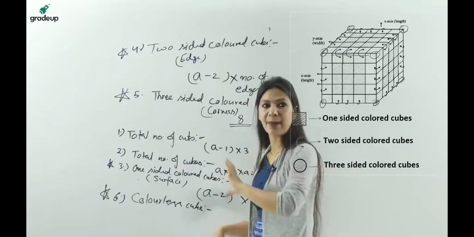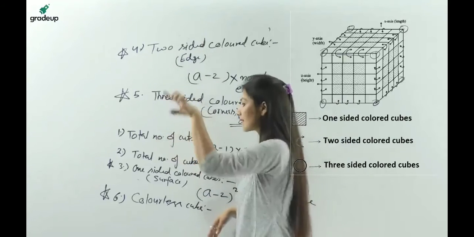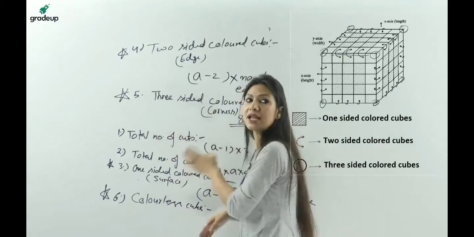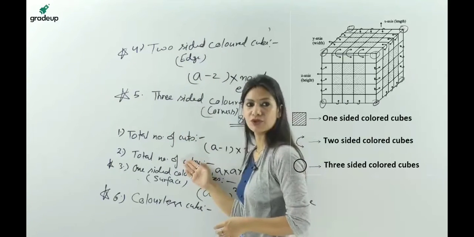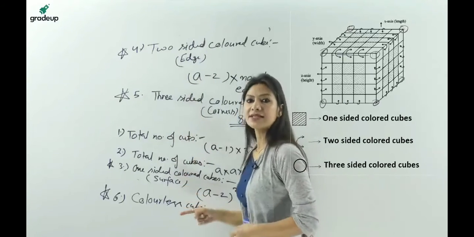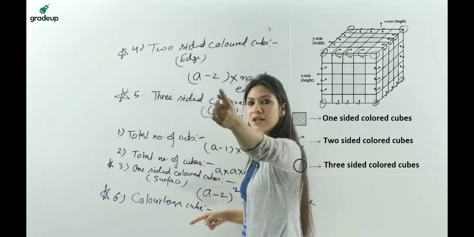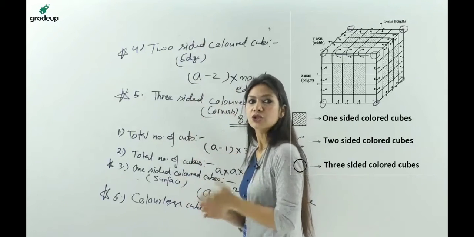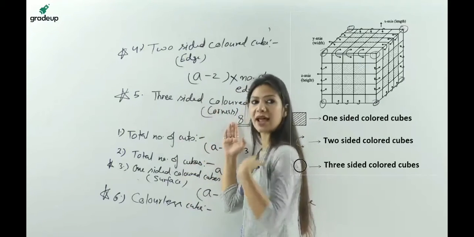But the cube which is in contact with this wall is obviously a one-sided colored cube, being in contact with this portion. Once again, the cube which is in contact with that wall is of no use. So I have to subtract 2 once again from here to here, for this one and for that one.